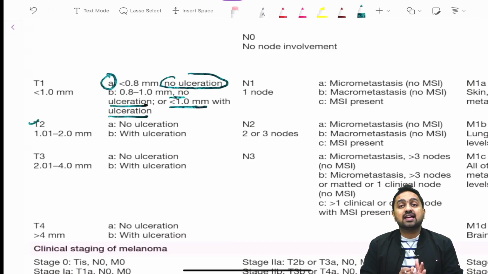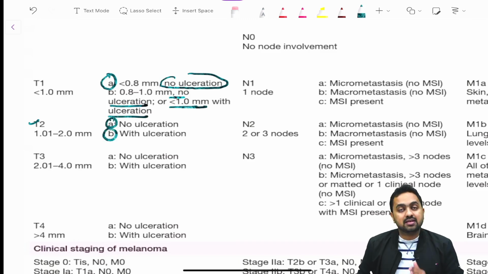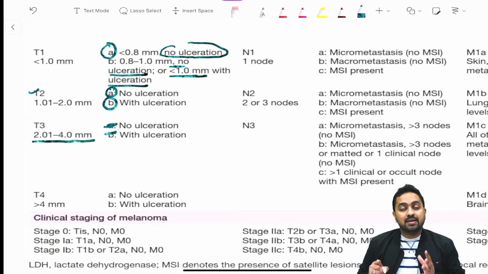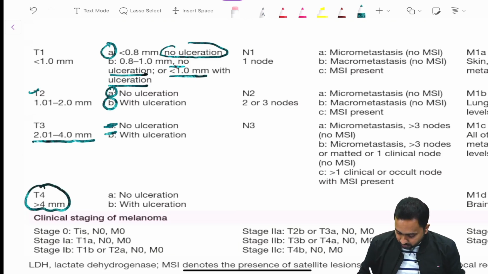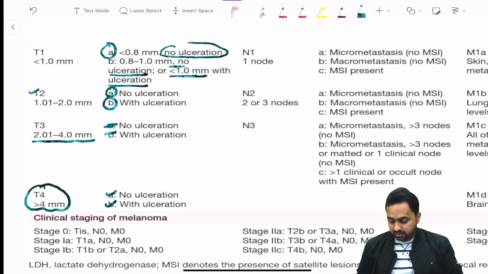T2 is size from 1 to 2 mm. A is no ulceration and B is with ulceration. T3 is size 2 to 4 mm. Again, A with no ulceration and B with ulceration. T4 is size more than 4 mm. A with no ulceration and B with ulceration.